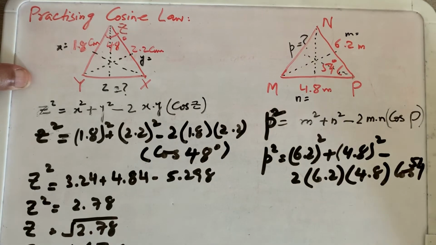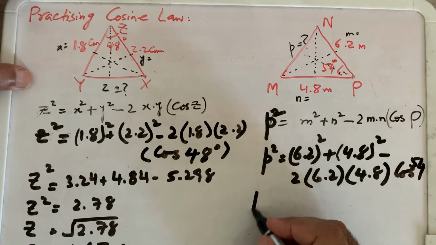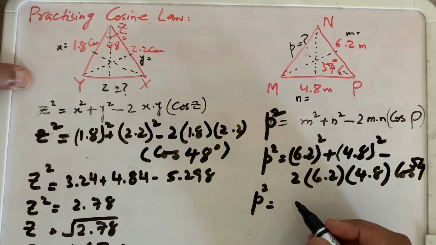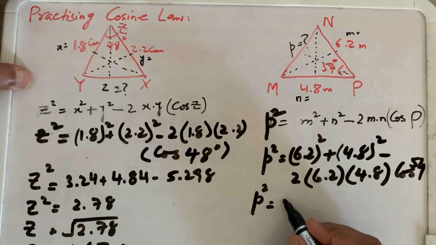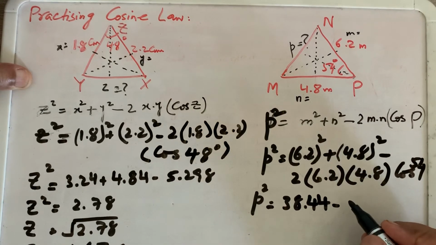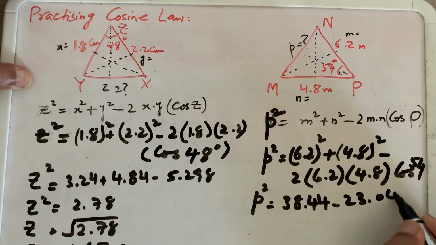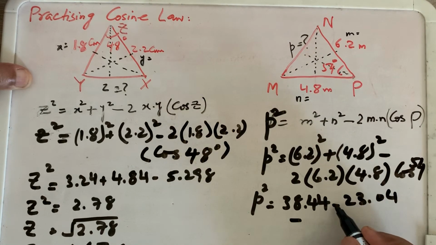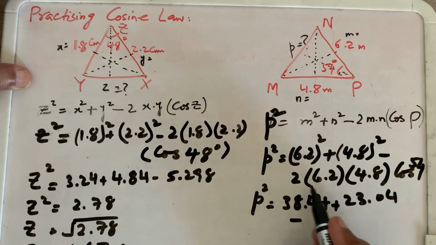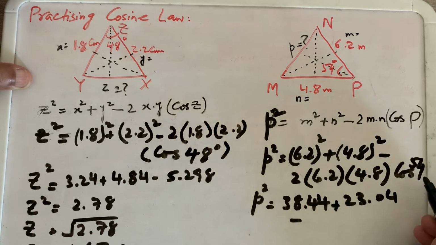Cos of 54. When you simplify this whole thing, you will have 6.2 whole square, which is 38.44, plus 4.8 whole square, 23.04, minus 2 times 6.2 times 4.8, 2mn cos p.